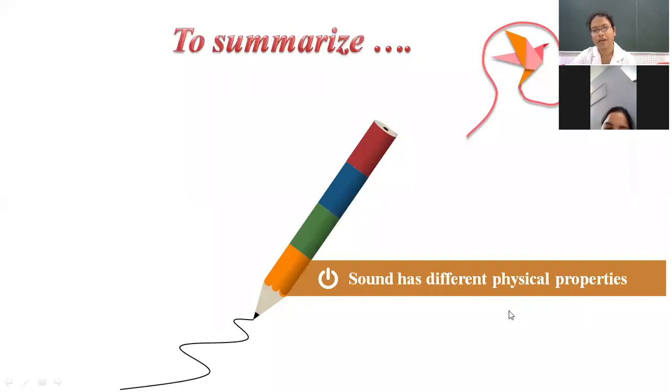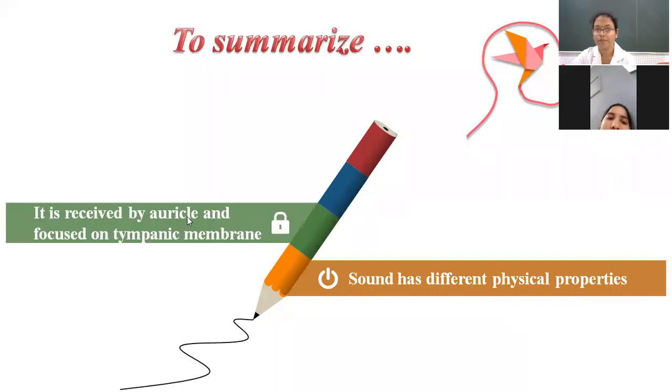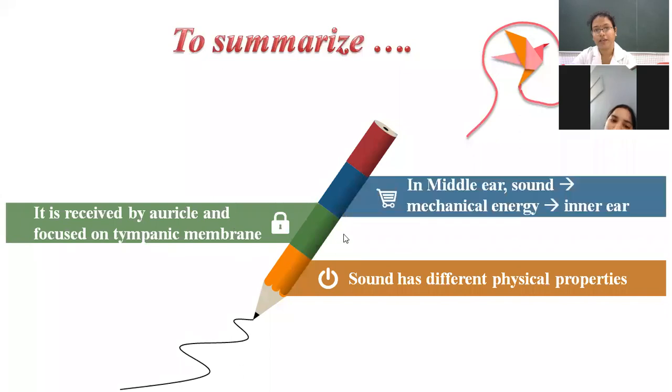So whatever the type of sound, it is received by the auricle and then focused on the tympanic membrane. The sound energy has to get converted into mechanical energy, and this occurs in the middle ear, where the sound in the form of mechanical energy is relayed to the inner ear.